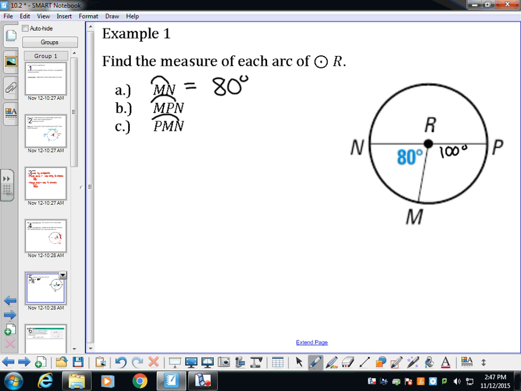So then I know that MPN is that arc. That's going to measure 280 degrees. And PMN measures 180 degrees.